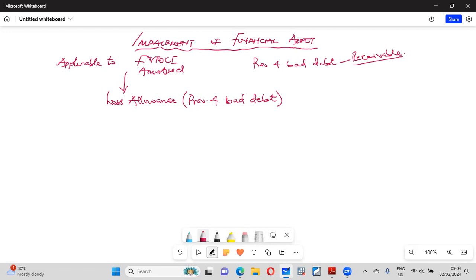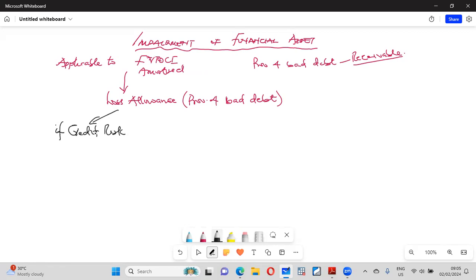So what do we need to do? We need to assess the receivable to see if we will lose something out of it. How will we know we will lose something? We will lose something if there is credit risk. So if there is credit risk, or so we say if credit risk has increased, have we increased our credit risk?